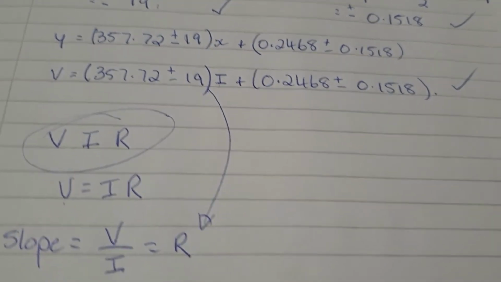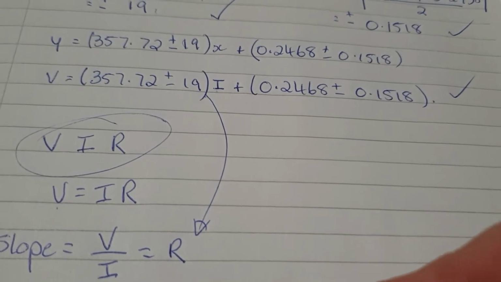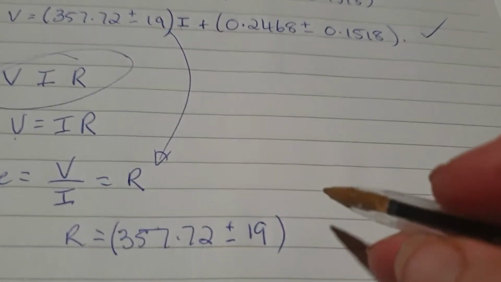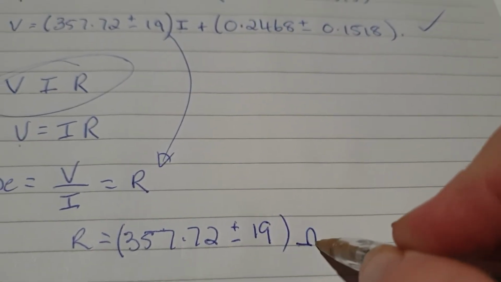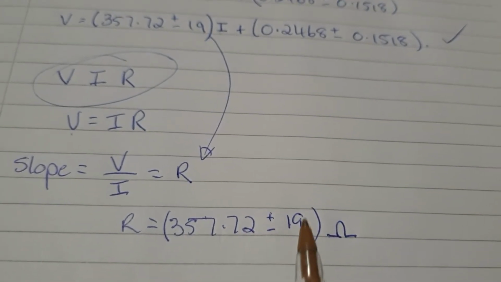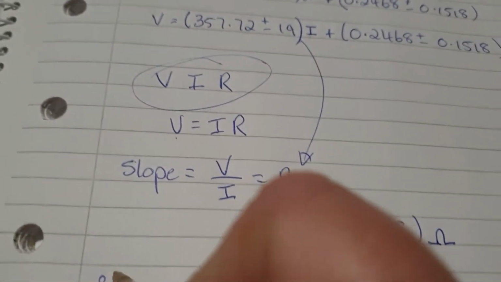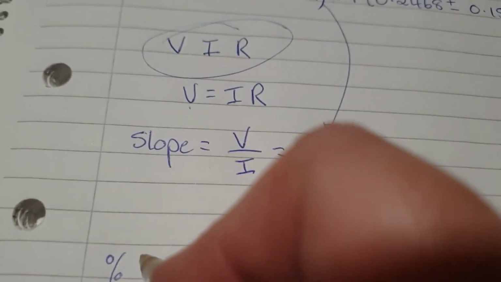357.72 plus or minus 19. And resistance is measured in ohms. Now, if we want that as a percentage, we need 19 as a percentage of 357.72. That would be the percentage uncertainty.